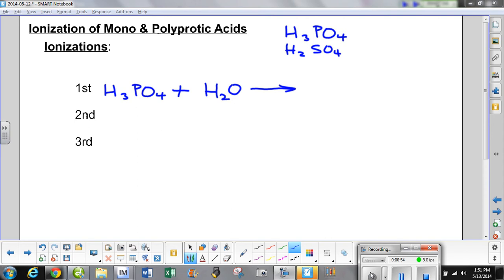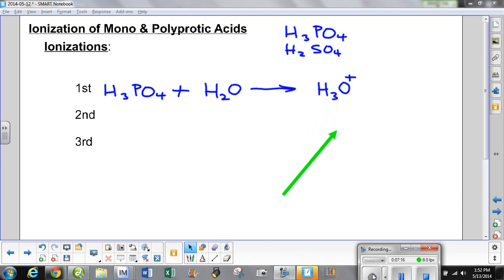So when it reacts with water, water is going to get protons and become positive. Ionization means the hydrogen came from the phosphoric acid. One of them, which we call a proton, goes to the water and forms the hydronium ion.